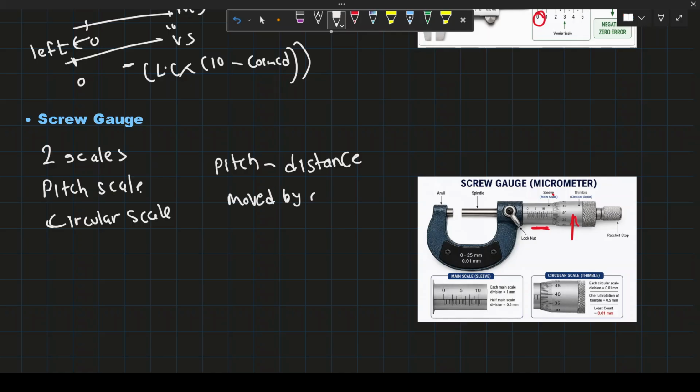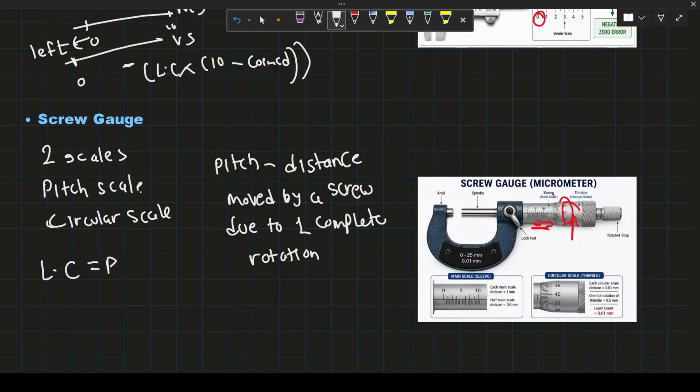About least count, the least count is pitch upon the number of circular divisions, so pitch upon the number of divisions which are present on your circular scale.